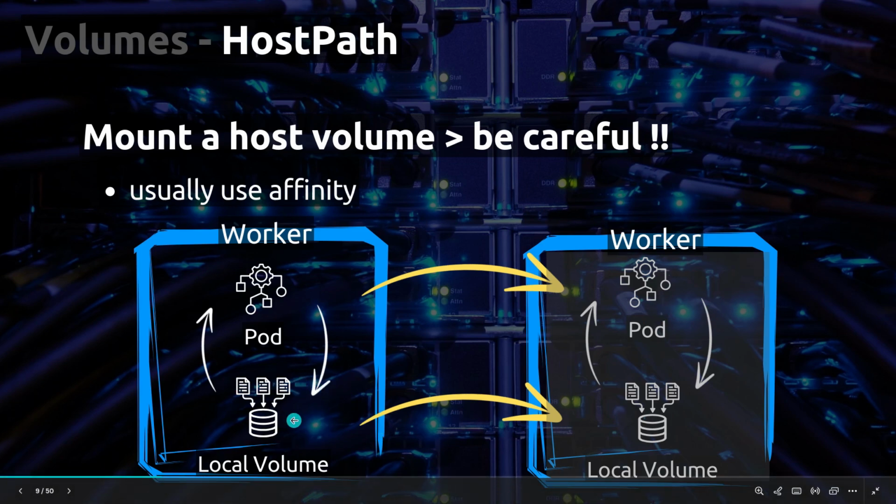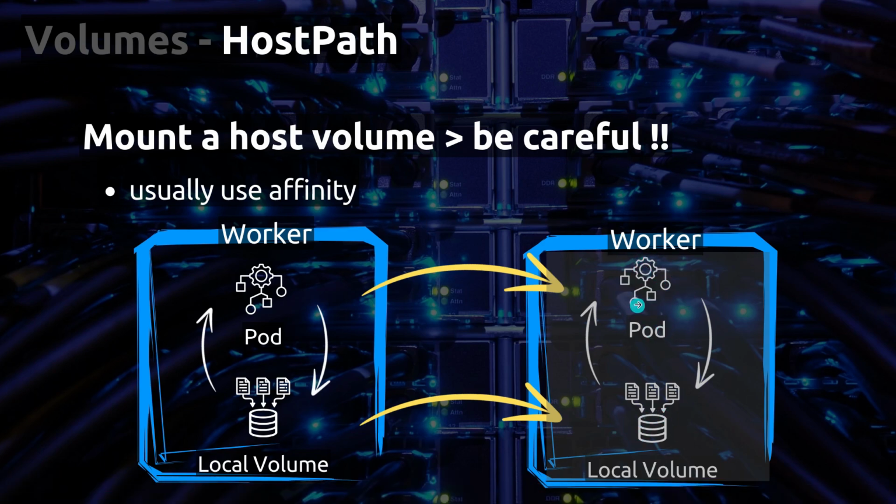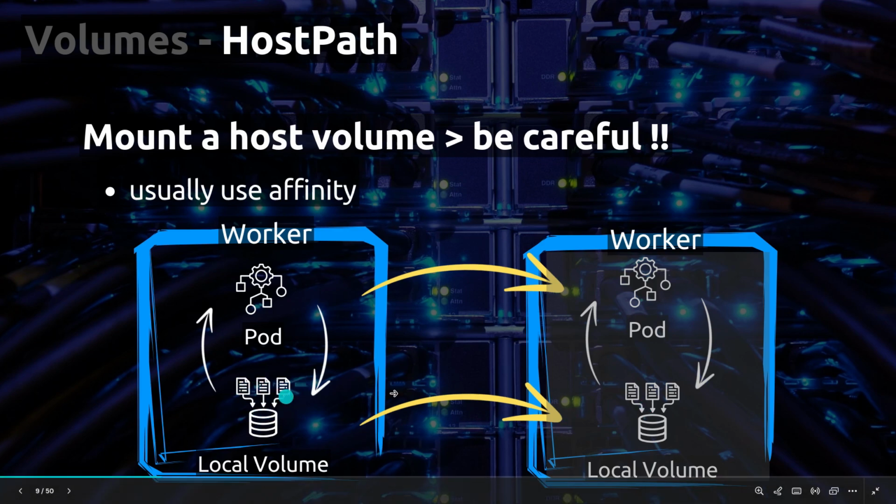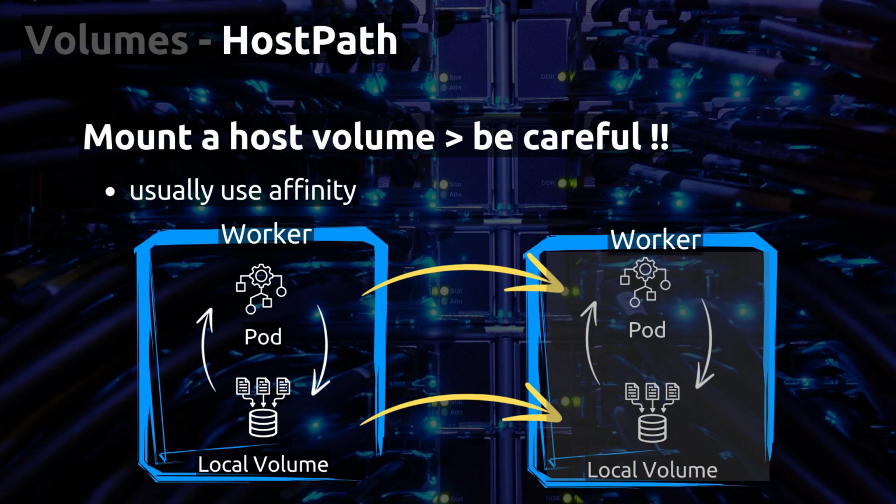This volume is not synchronized on the other worker. That means this pod tries to mount this volume, but even if the directory already exists on the worker node, for sure the data is not in it. You can have an empty dir and work again, and this data is not synchronized with the other one, and this is an outage or a big issue for your company. So take care about that.